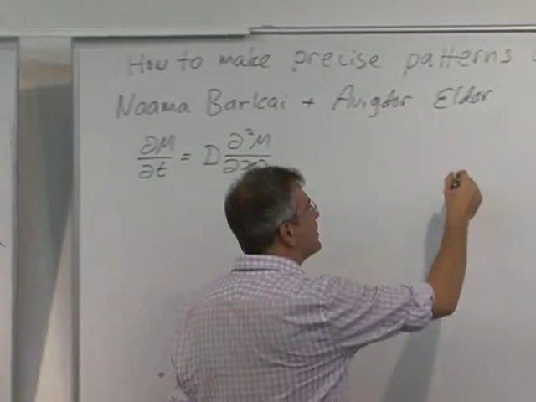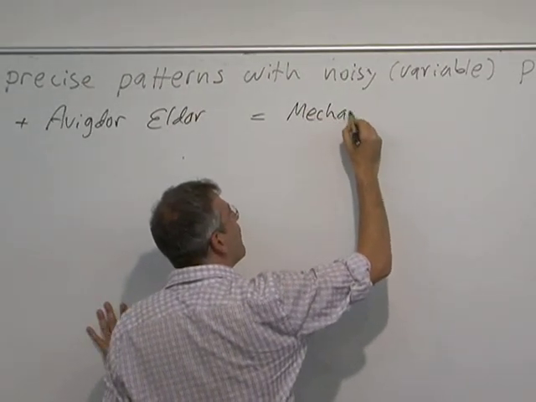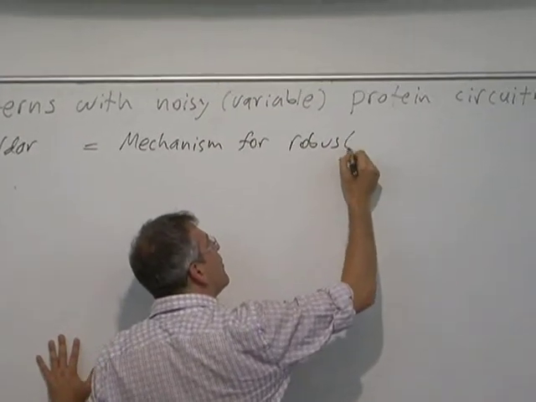So what is here is a mechanism for robust patterning.